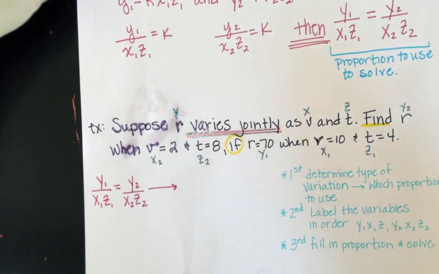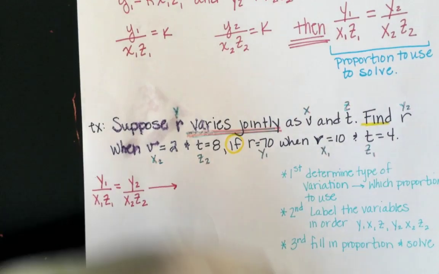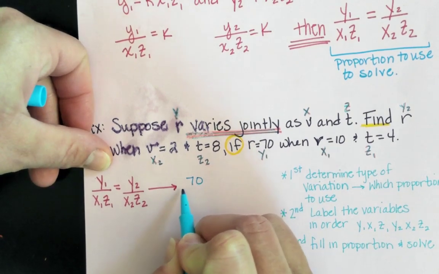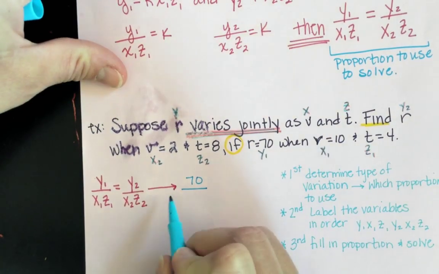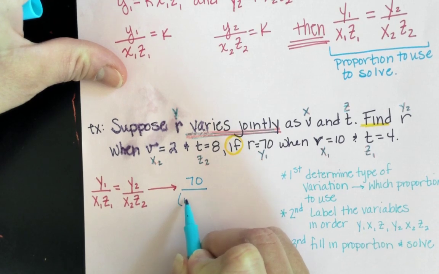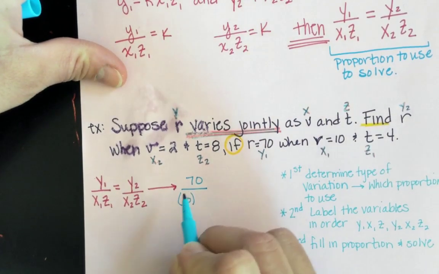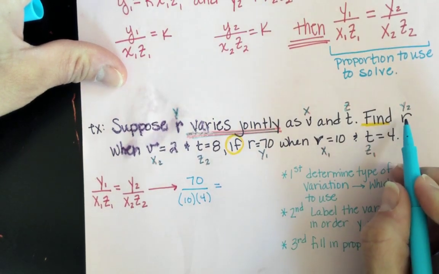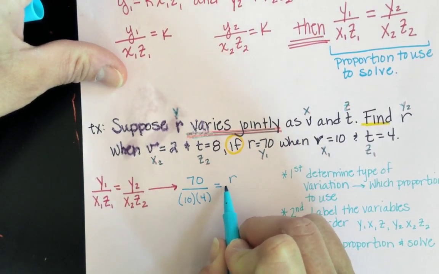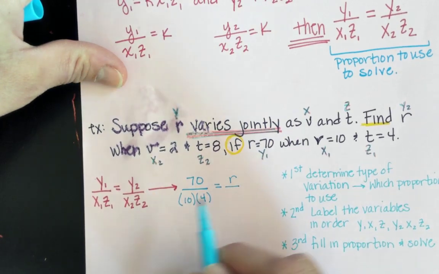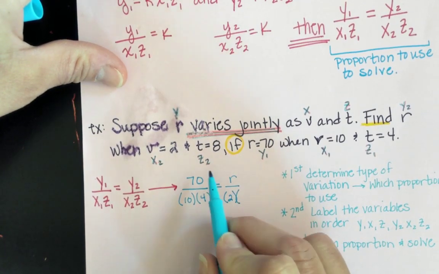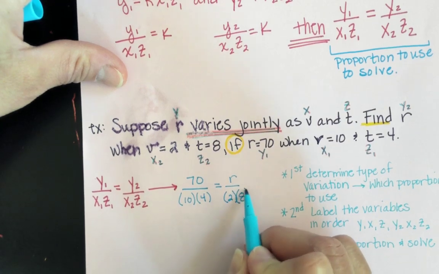So with this, our y1 is 70, our x1 is 10, z1 is 4, y2 we don't know, that's our unknown, r, x2 is 2, and z2 is 8.